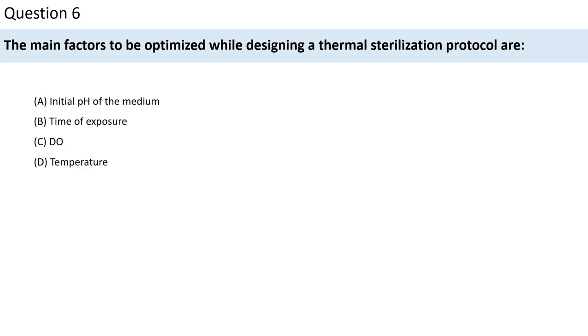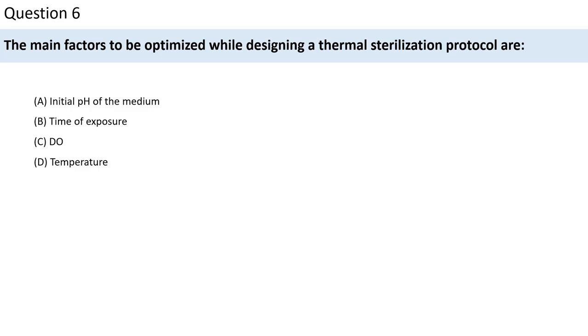No. Even if your salts are going to get precipitated or deposited, it is going to sterilize only. If you keep it for autoclaving, it is going to reach 121 degrees Celsius and maintain it for 15 minutes at 15 psi. Even if the salts are deposited, the sterilization will happen for sure. So is initial pH of the medium one of the important factors to optimize the thermal sterilization process? No, it is not.